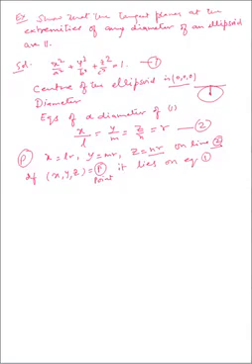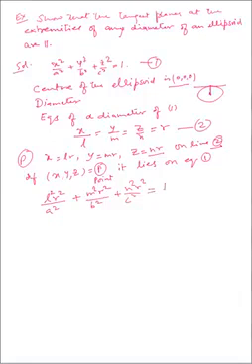So we substitute L square r square upon a square plus M square r square upon B square plus N square r square upon C square is equal to 1.